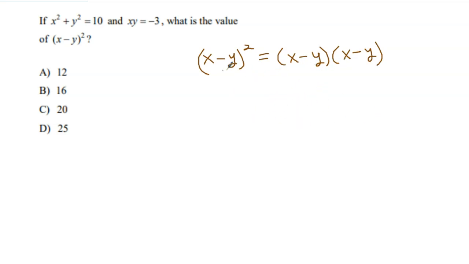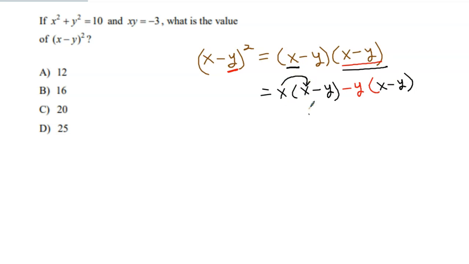But it's repeated, so we can write it repeated and then we can use FOIL, meaning that if we take this one, we will multiply it by the second one here, and then you take this one, which is negative y, and multiply it again with x minus y. Then you distribute this times this one. It will give you x squared, negative xy.